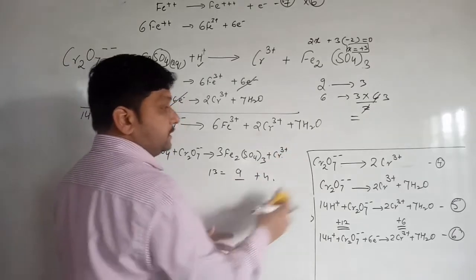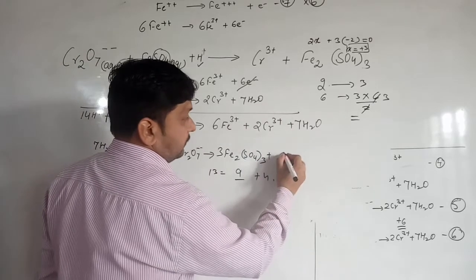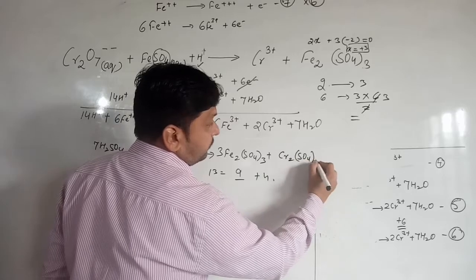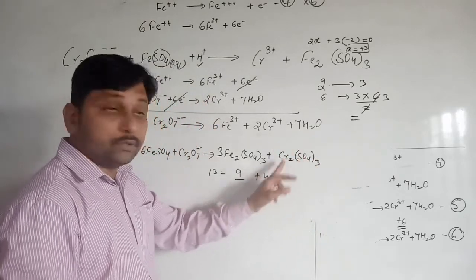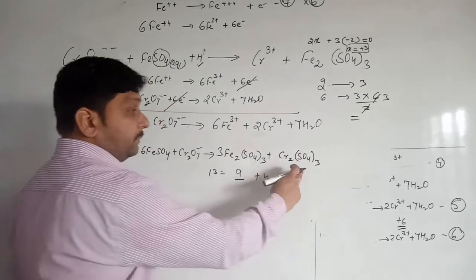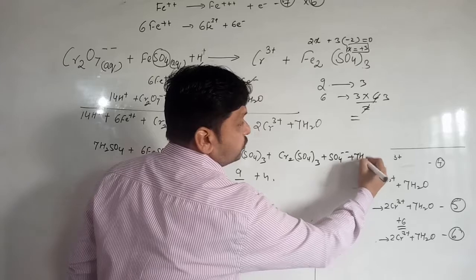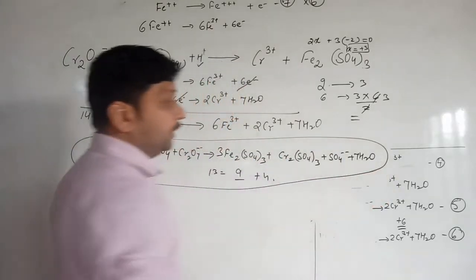Clear? It means Cr2(SO4)3. So 3 of the 4 are used, and 2 times 3 is 6 for the chromium. So the remaining is 1 sulfate ion, plus 7H2O.